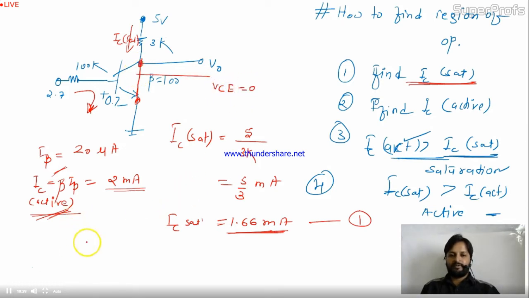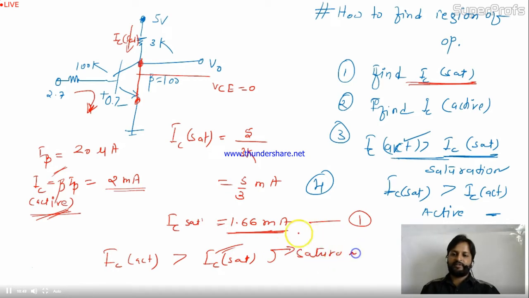So here, see, IC active is greater than IC saturation. So your BJT, your transistor, is working in the saturation region. Saturation region means the voltage here and here is 0.